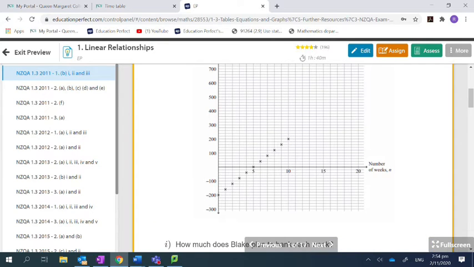So here's week 4, right here, yes? So at that point, he starts to save a new amount. Do you agree? So what we need to do is find what that point is. But that's at week 4.